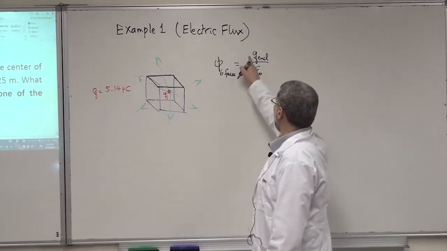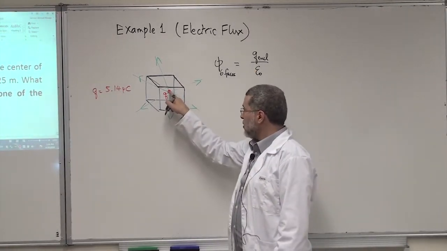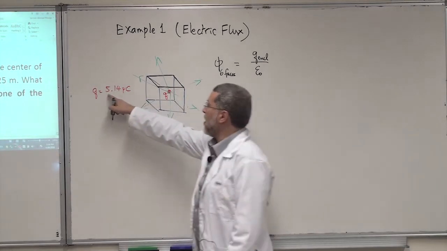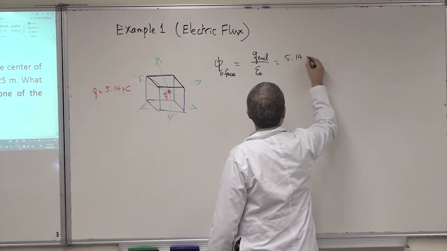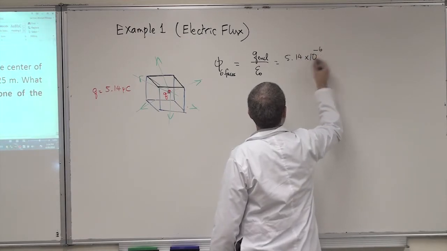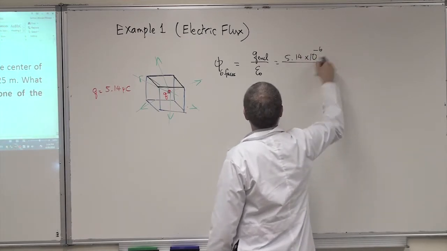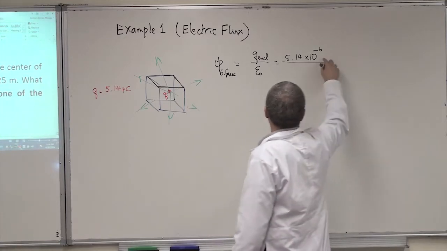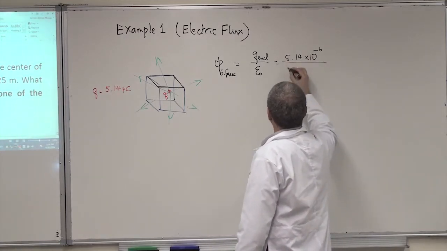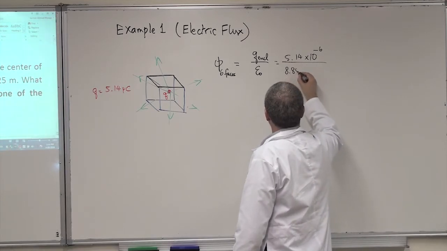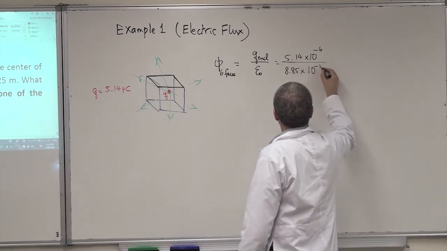So Q enclosed, which is the red charge here, has a value of 5.14 microcoulomb, so it is 5.14 times 10 to the power minus 6, because you have to use SI units and make sure you use coulombs here. So 5.14 times 10 to the minus 6 divided by epsilon 0, 8.85 times 10 to the power minus 12.